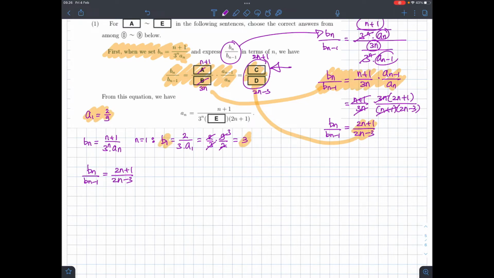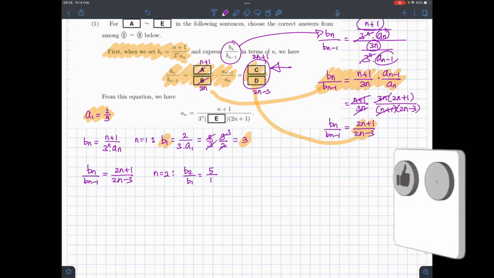So when I put n equal 2 into this, replacing all n by 2, we got b2 over b1 equal 2 times 2 is 4 plus 1 is 5, over 2 times 2 is 4 minus 3 is 1.